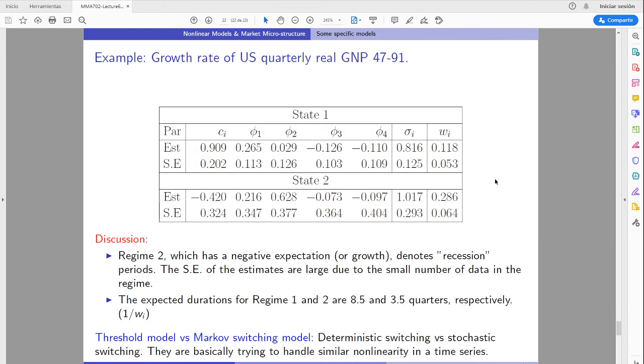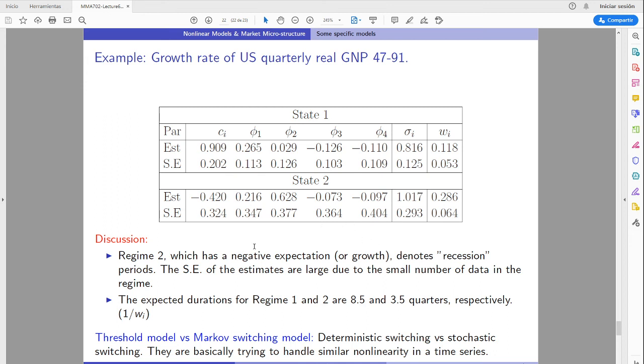For an example, we have the growth rate of US quarterly real GNP from 1947 to 1991. These are the estimated coefficients in state 1 and the estimated coefficients in state 2. So, regime 2 has a negative expected growth, which denotes recession periods.